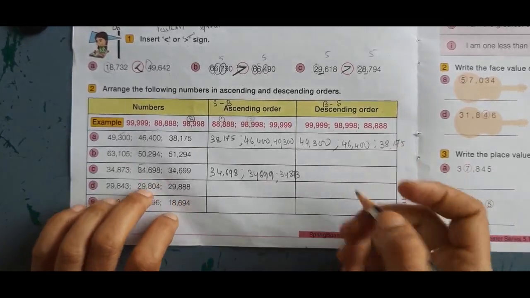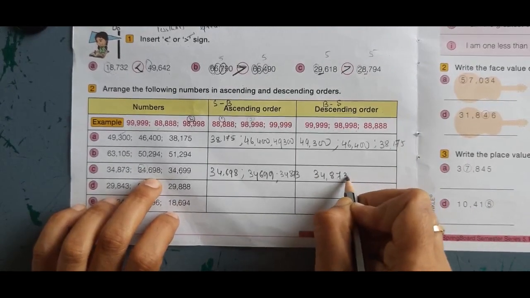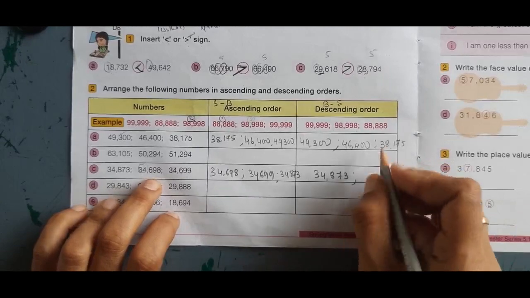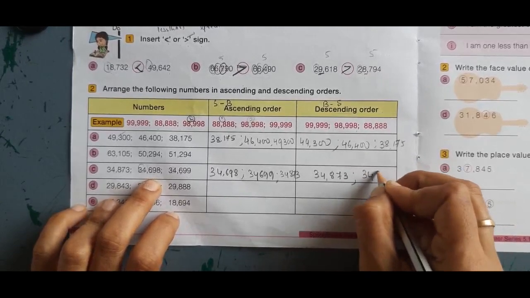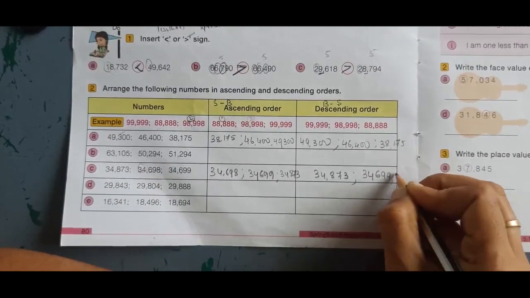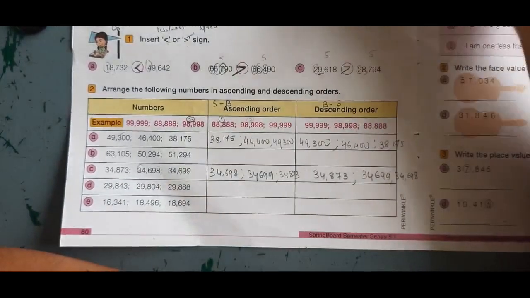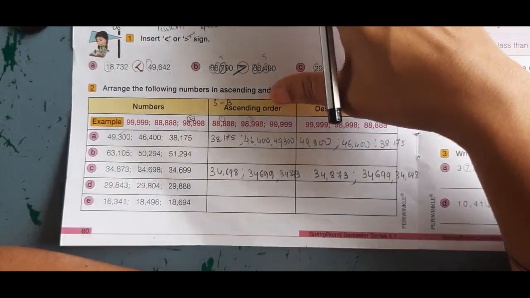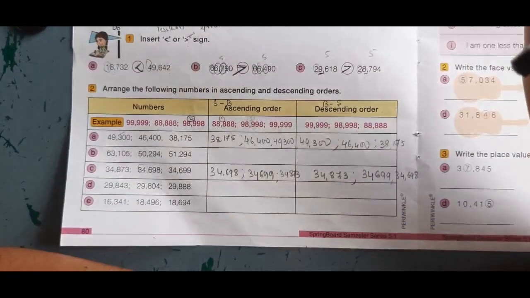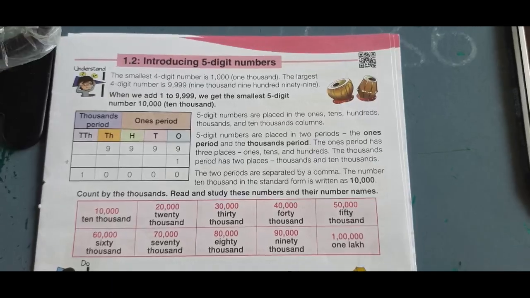Descending order is bigger to smaller: 34,873, and the next number 34,699, and the last number will be 34,698. These are the ascending order and descending order.